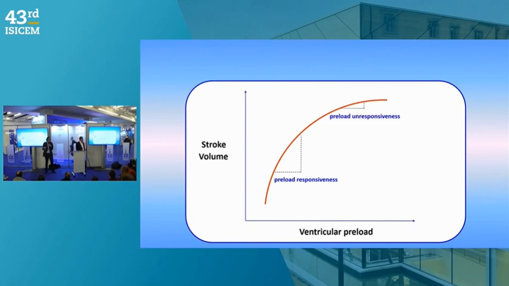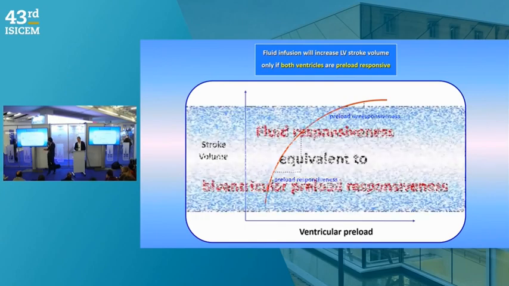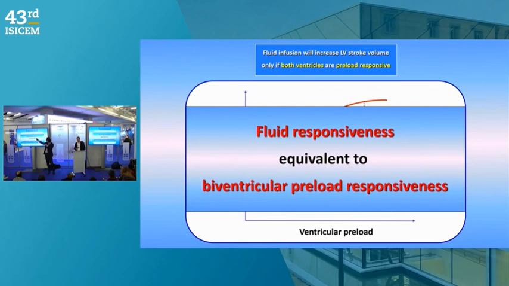If you increase preload by whatever you want, fluid for example, and there is no increase in stroke volume, we call this condition preload unresponsiveness. This is valid for both ventricles, and fluid infusion, for example, will increase the left ventricle stroke volume only if both ventricles are preload responsive, and therefore I like to say that fluid responsiveness is equivalent to biventricular preload responsiveness.